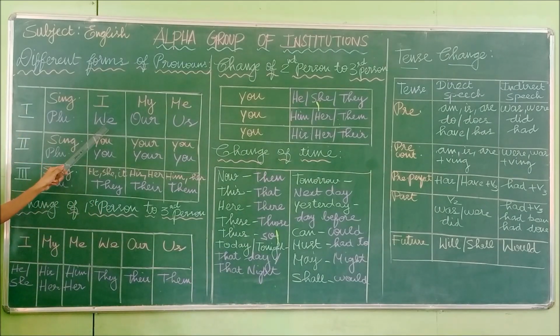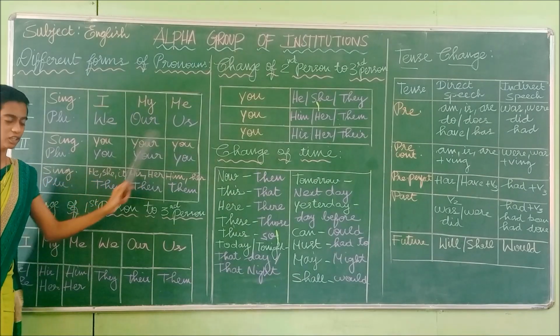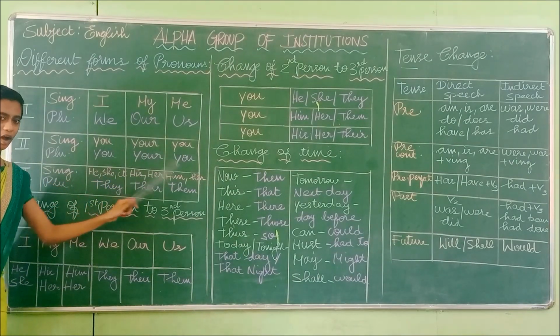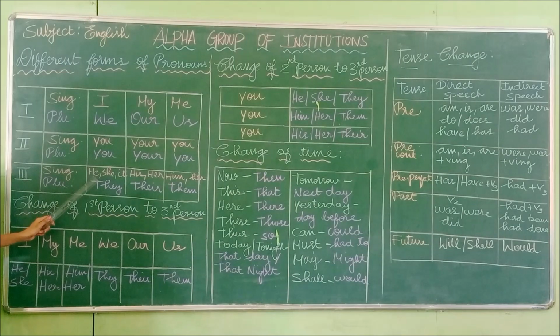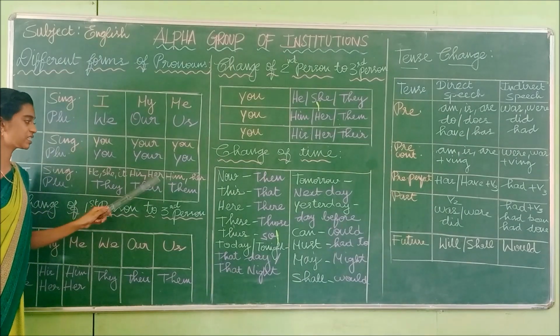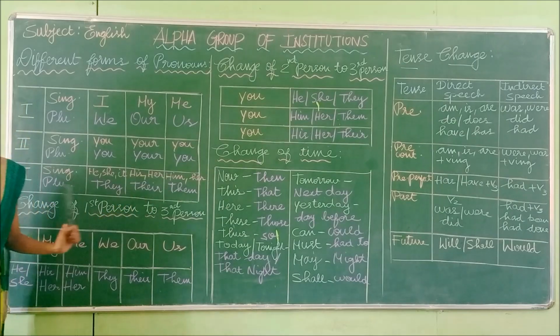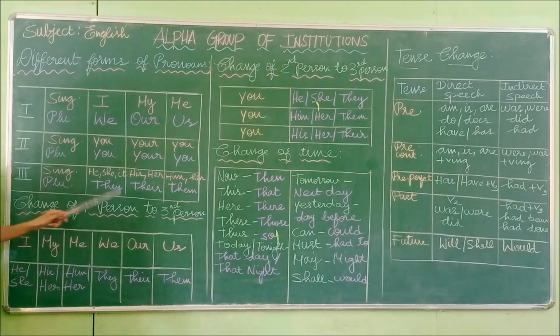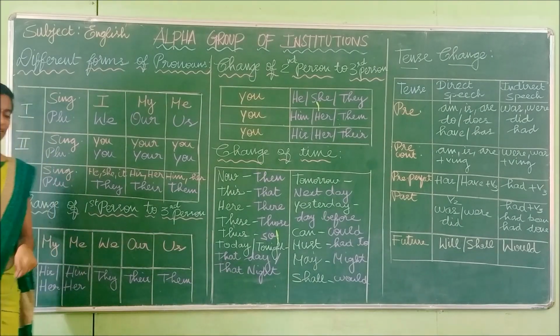Likewise we, our, us. And you, your, you. If it is he, she, it, we change it into his, her, him or her. Likewise they, their, them. This is how we change the pronouns from direct to indirect speech.